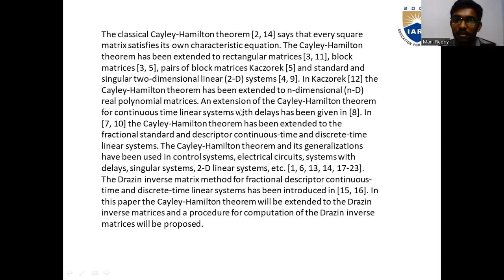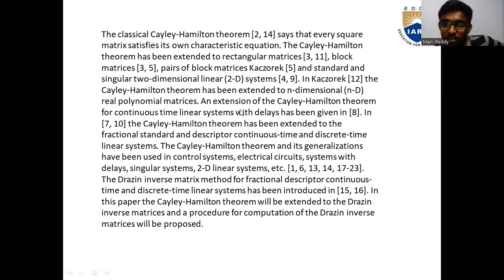The Caley-Hamilton theorem has been extended to rectangular matrices, block matrices, pairs of block matrices, and standard and singular two-dimensional linear systems, 2D systems. In Kaczorek, it has been extended to n-dimensional real polynomial matrices.